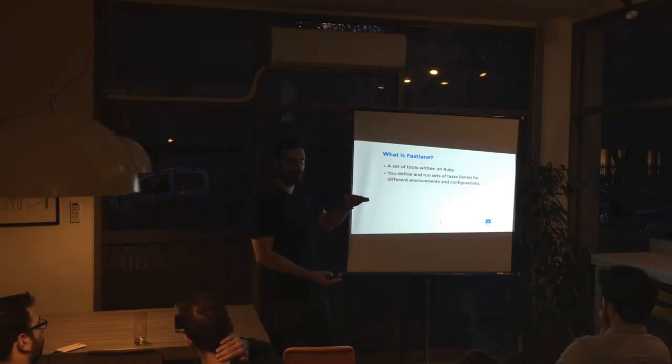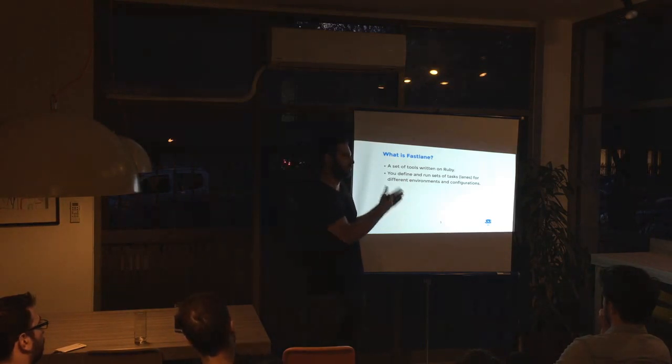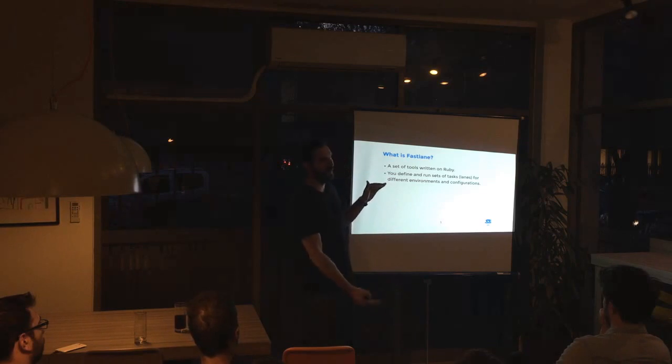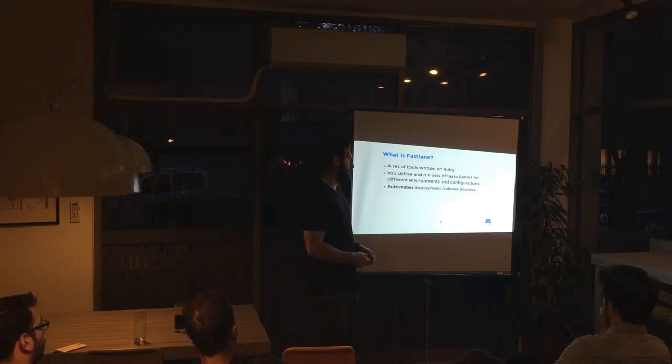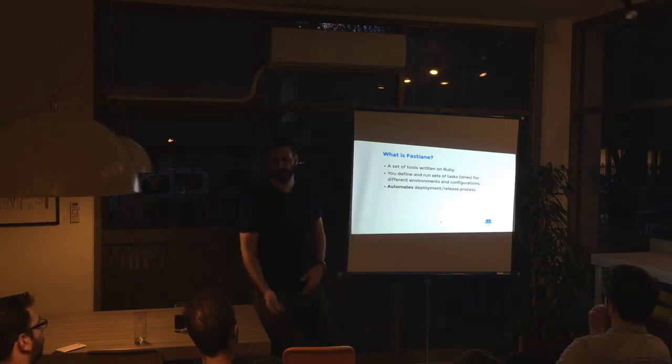It's called the Fastfile, where you describe a set of lanes, and essentially these lanes are just a workflow, just a series of tasks that you want to do as part of your continuous delivery workflow. And like I told you earlier, it significantly makes the deployment and release process easier, whether that be on the App Store or a TestFlight release or whatever.